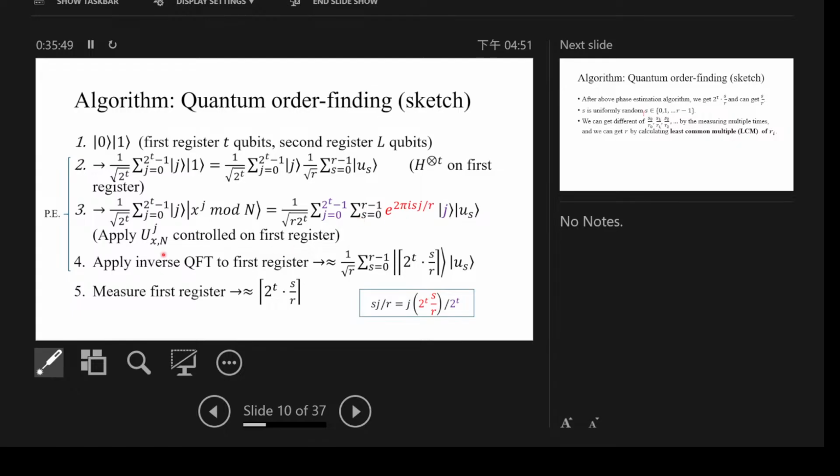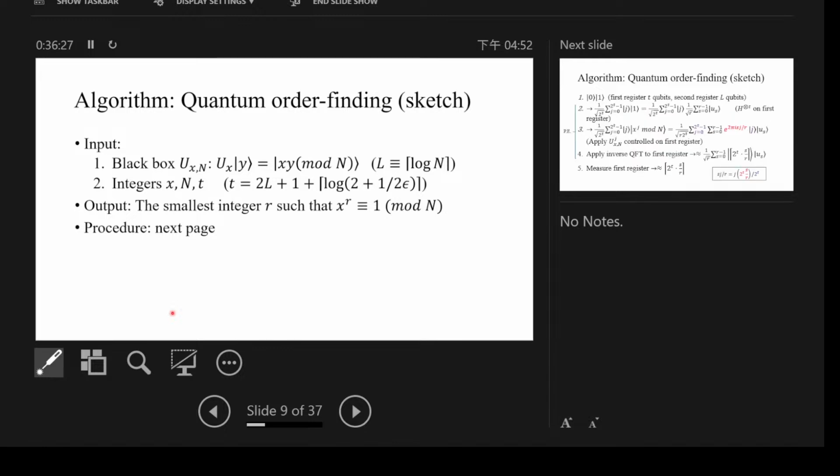We write this as a sum over our eigenvectors, and you get a phase kickback here. Then you do the quantum Fourier transform, and you get some estimation of 2 to the t times s over r. You measure the first register, and then you get this s over r.